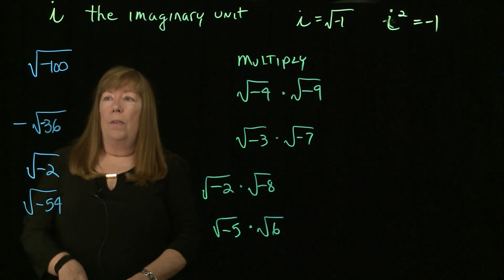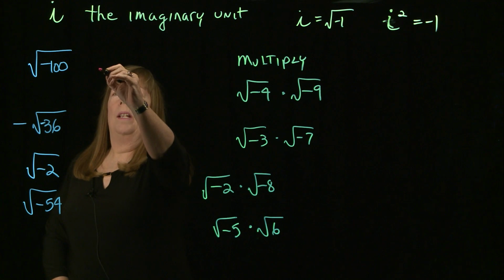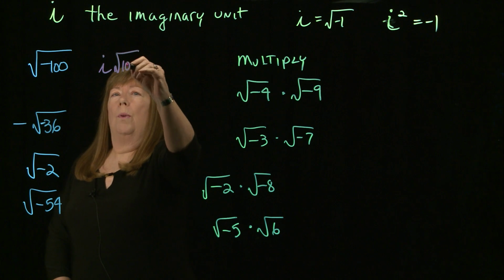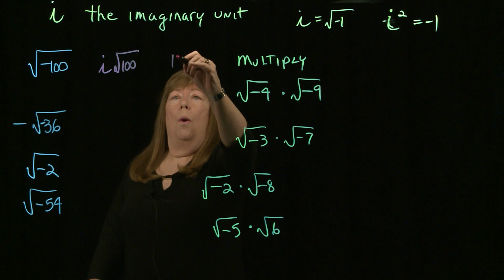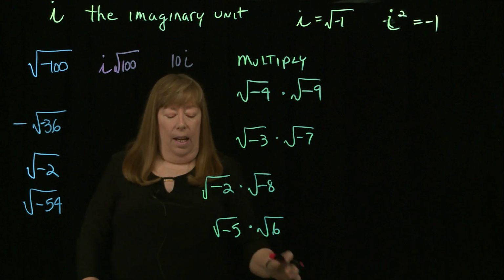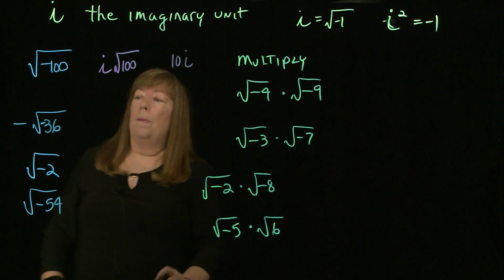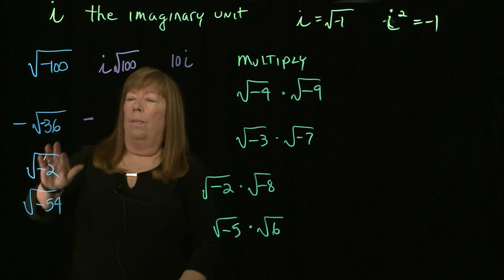So let's try a couple of these. The square root of -100 is simply i times the square root of 100. And since the square root of 100 is 10, we're just going to express it as 10i. Okay, how about this one? This negative sign's on the outside, so I'm going to carry it.